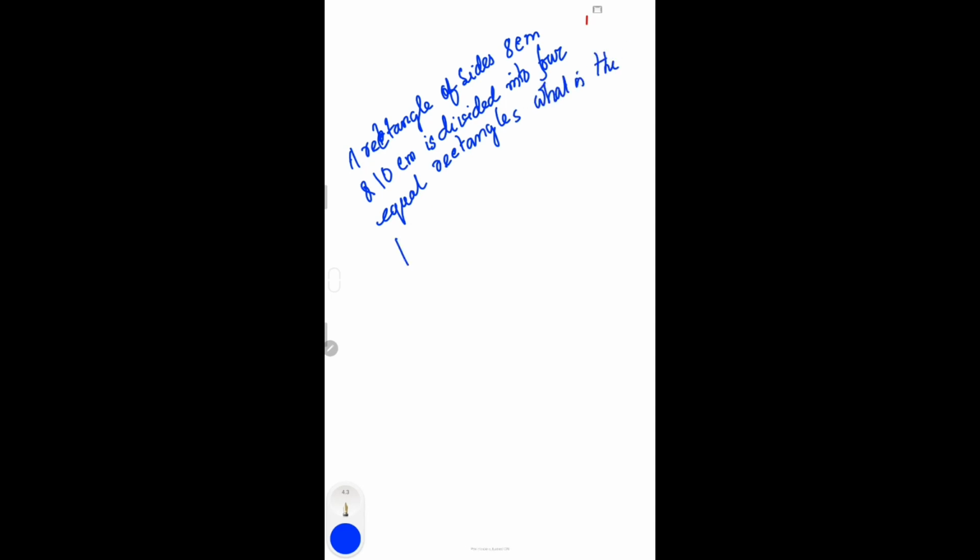What is the perimeter of each small rectangle?